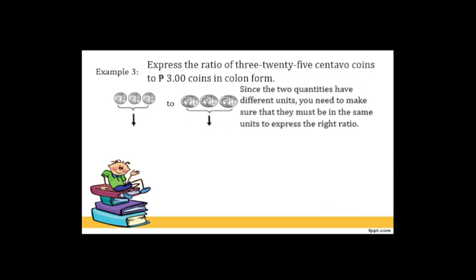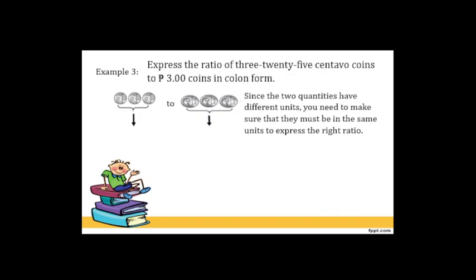Again, the two quantities have different units, so you need to make sure that they are in the same units to express the right ratio. So we can rewrite the 3 25-centavo coins, and the 3 peso coins will become 12 25-centavo coins.